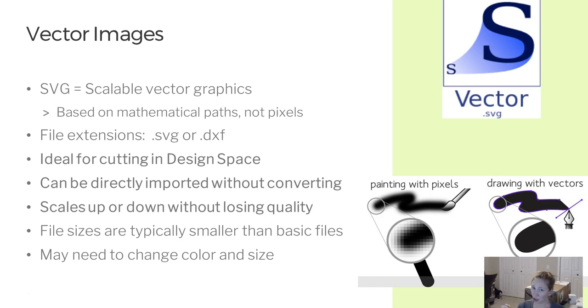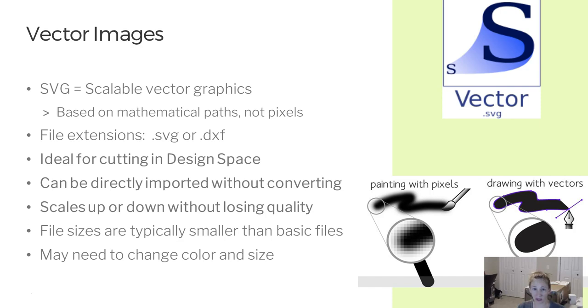When you make the image larger, everything increases in size proportionally to each other because of those mathematical paths. And it makes the image scale very nicely so that you don't lose any quality and it doesn't start to look grainy. The file extensions for these are .svg or .dxf.